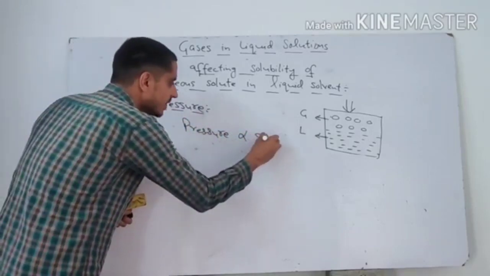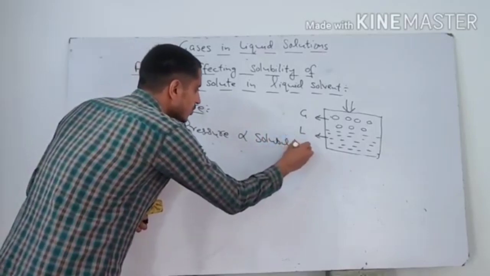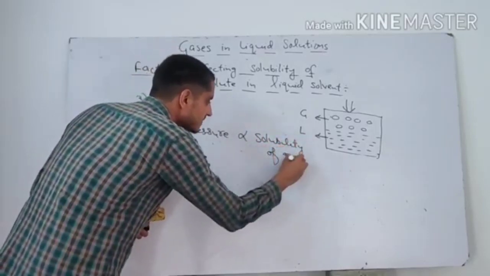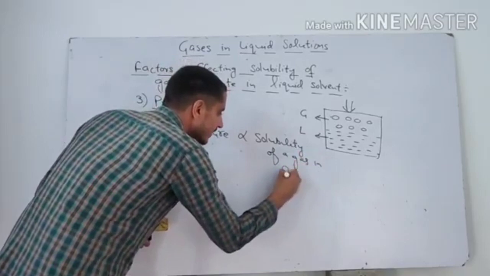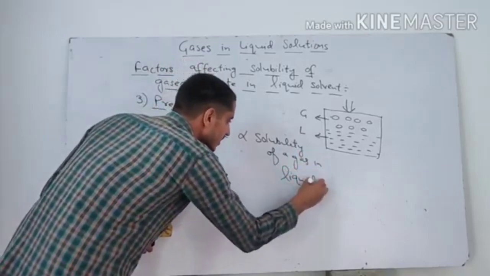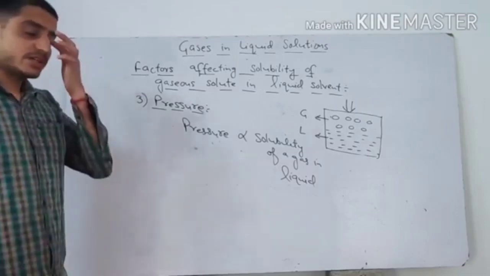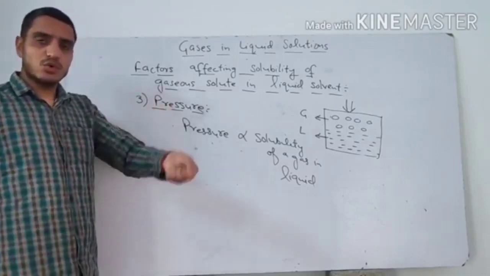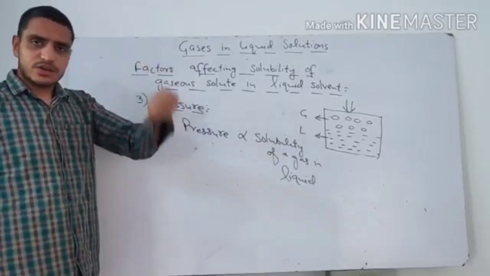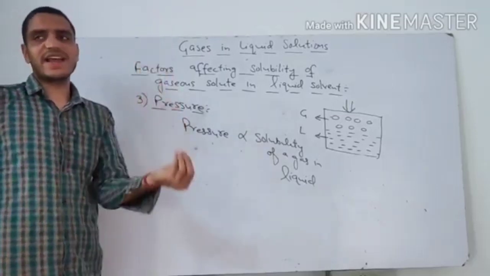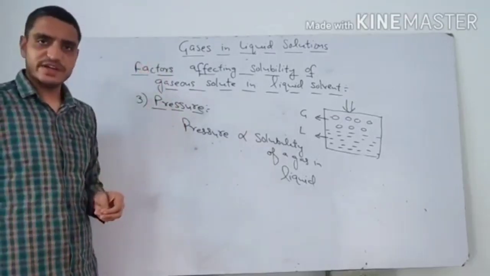Pressure is directly proportional to the solubility of a gas in liquid. So when you open a cold drink, the bubbles come out and a gas comes out. That gas is carbon dioxide.